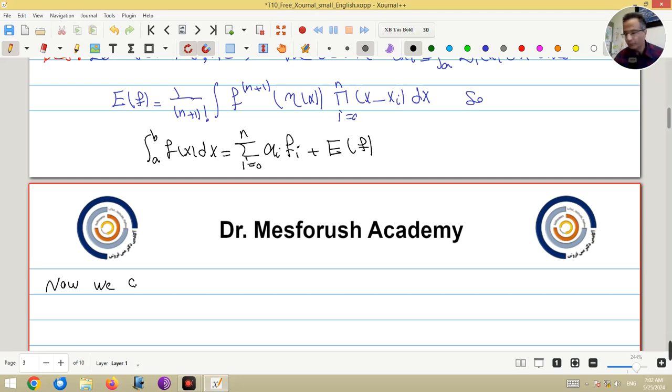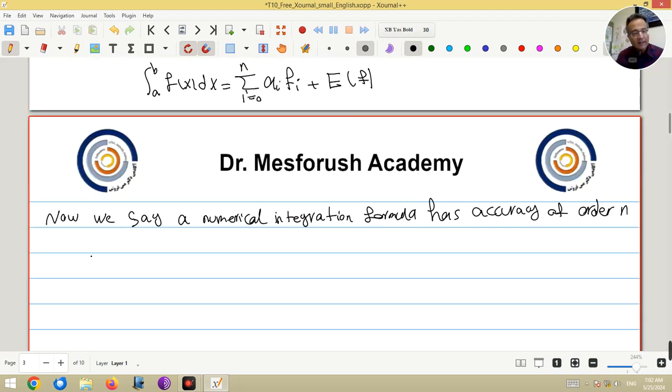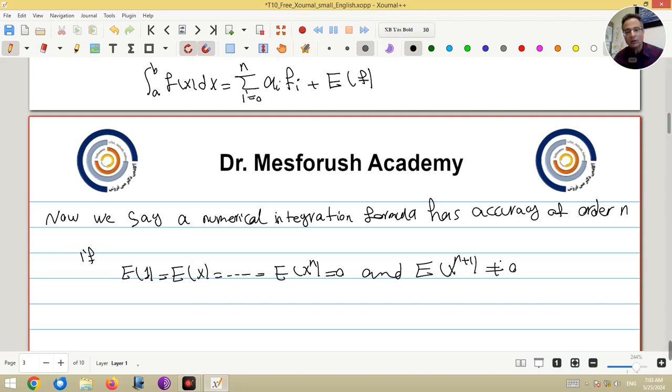We say a numerical integration formula has accuracy of order n if E(1) equal to E(x) equal to ... equal to E(x to the power of n) equal to 0 and E at x to the power of n plus 1 is not equal to 0.